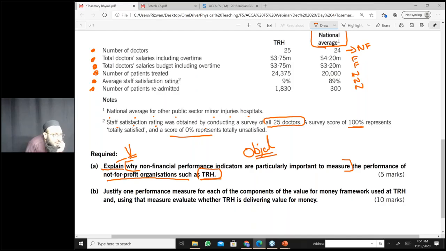And what's the second one? Quality focus. Okay, just think why it's important, especially for not-for-profit. Now, I'll tell you why. It's a 5-mark requirement.